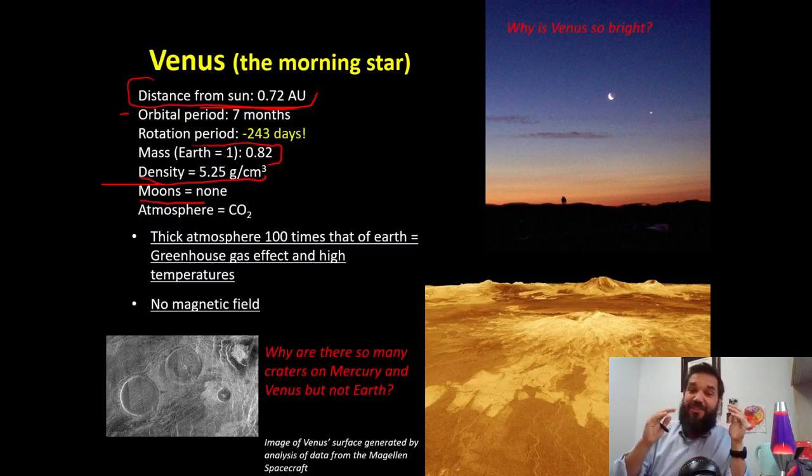So it's in a really extreme position where it's really only, well, what is 243 days? Let's see, 243 days divided by 12... I'm doing the wrong thing. 243 divided by, let's say, 30 days in a month, right?